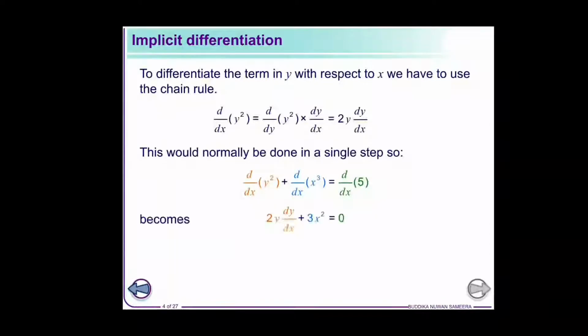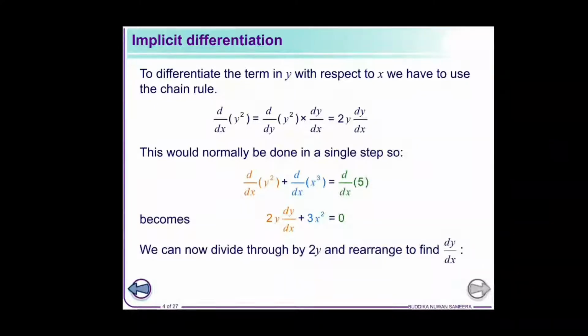So when you differentiate the earlier function, the answer should be 2y times dy over dx plus 3x square equals 0. So when you make dy over dx the subject, the answer is minus 3x square divided by 2y.